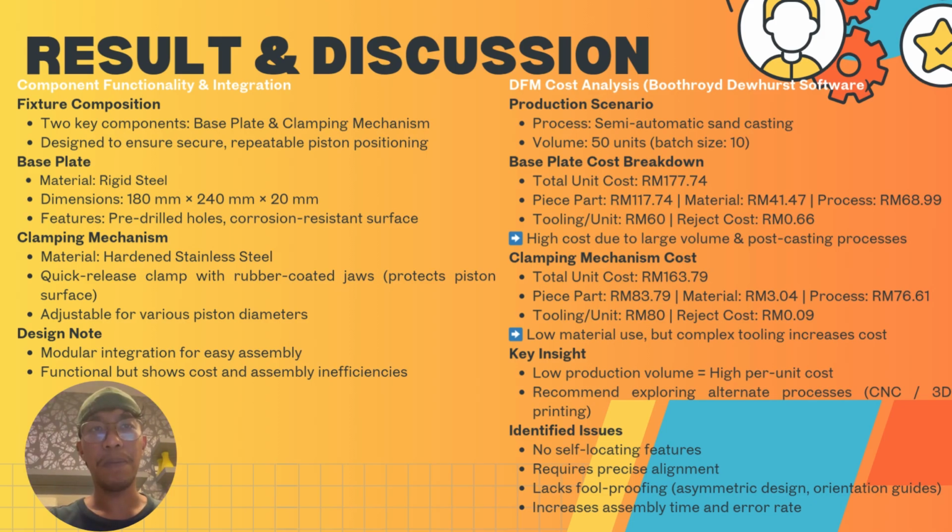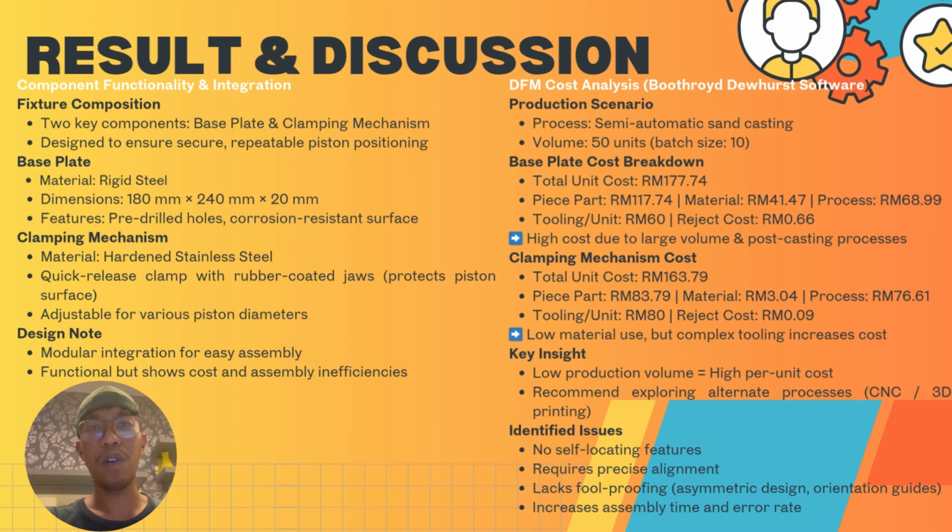So for base plate cost breakdown, total unit cost is 177 ringgit 74 cents. For material, we use 41 ringgit and 47 cents.